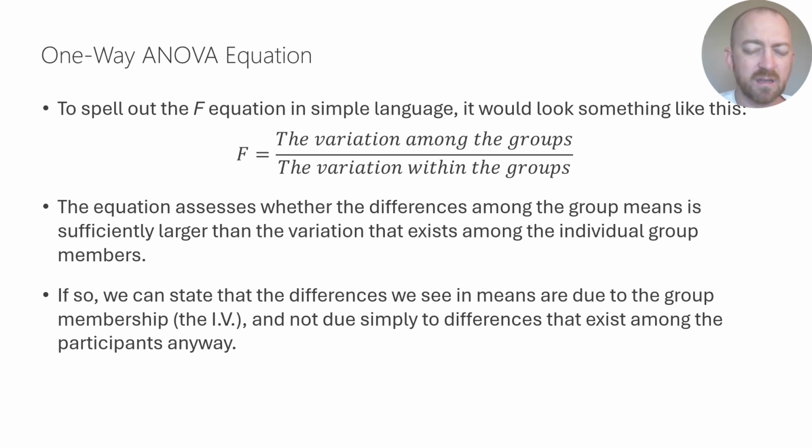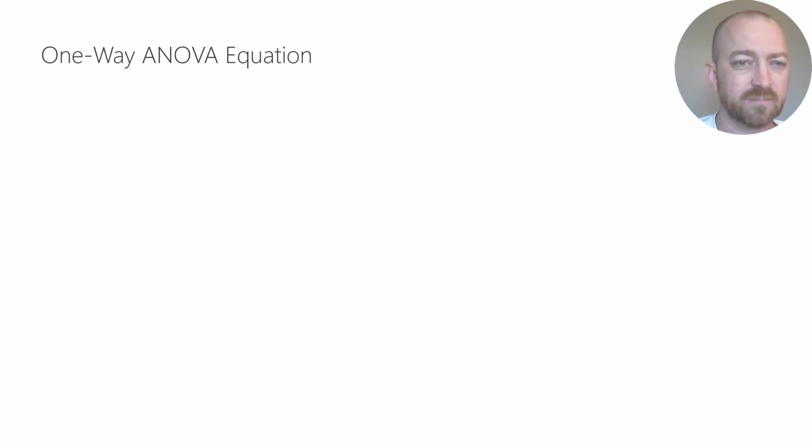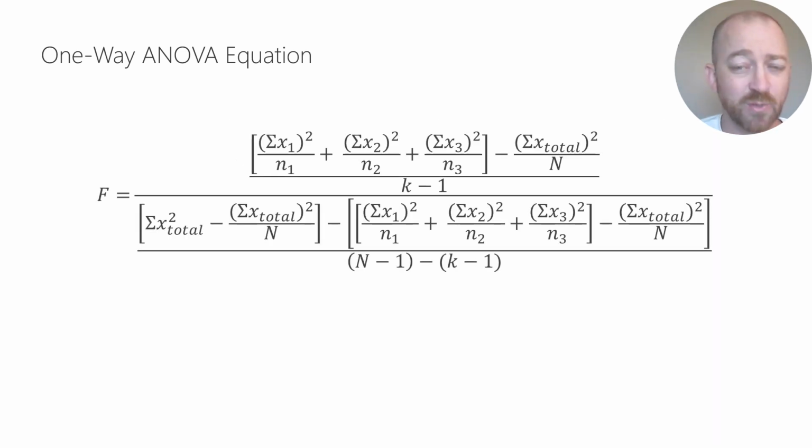Okay, now let's take a closer look at the actual F equation to see how we would actually calculate an F value using some real data, but we'll use the real data in another video. Okay, so here's our actual F equation, and I know this looks like a lot. This is a lot of stuff going on, but don't worry, it's actually not nearly as bad as you might think. First of all, as you can see here, there are many repeated elements.